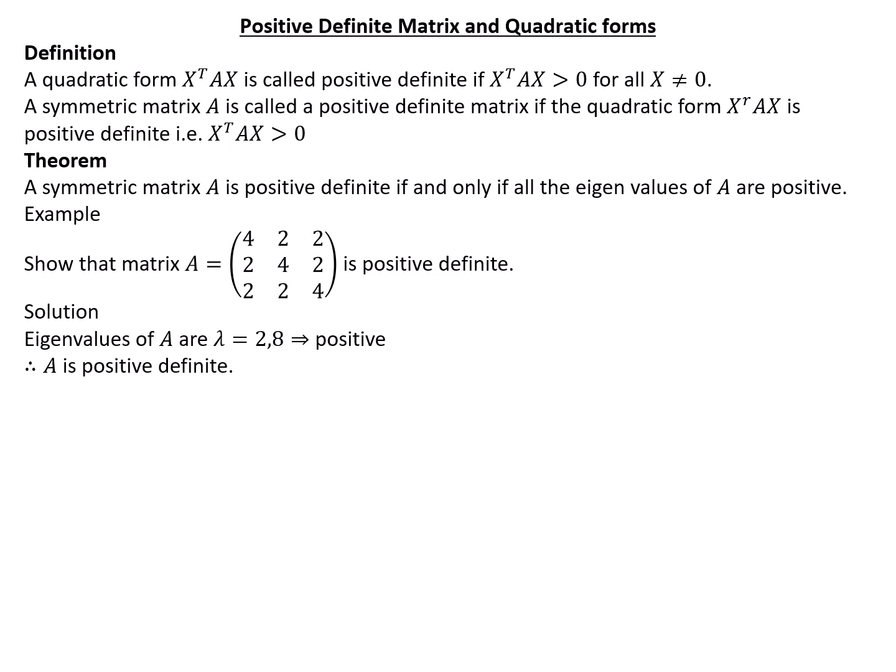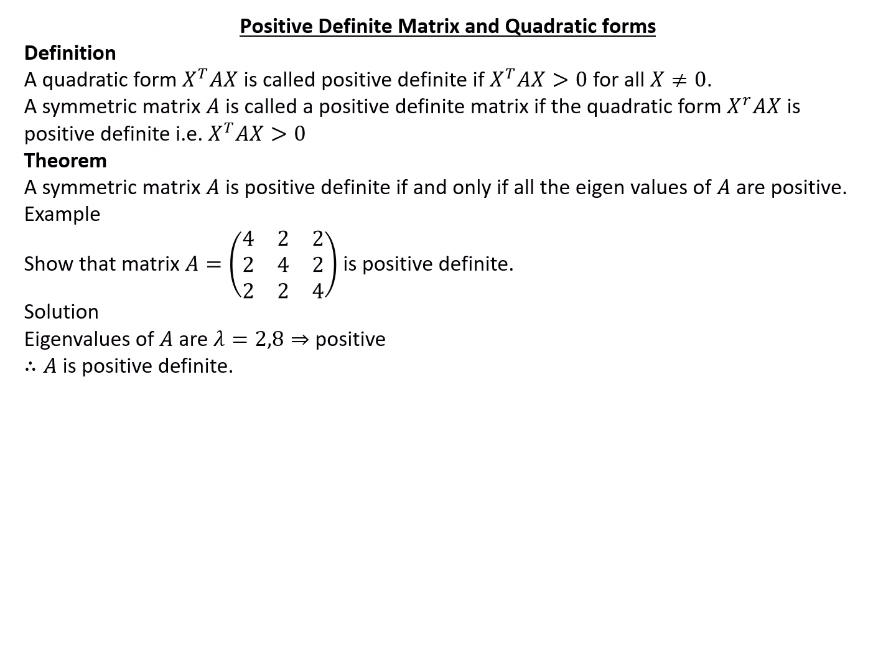It's positive if you have it as greater than 0, for all x not equal to 0, that is your vector x is not equal to 0. When you do the matrix multiplication, x transpose multiplied by A multiplied by x is greater than 0. That is the first condition.